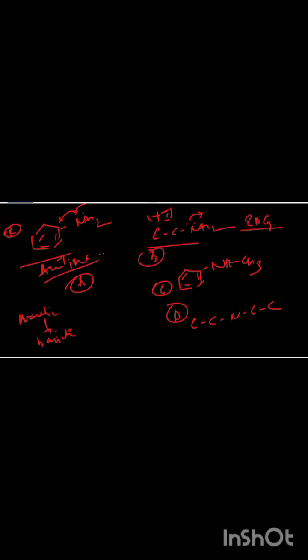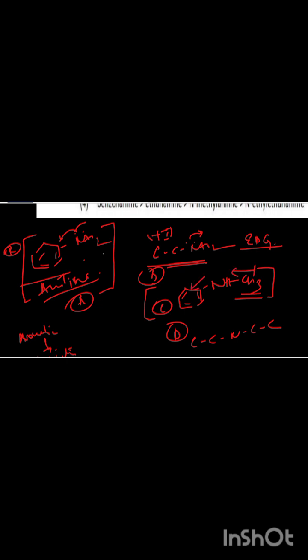Therefore the minimum basicity should be of aniline. Why? Because aniline is pure aromatic. In N-methylaniline we can see there is a methyl group also present. So although the ring withdraws, the methyl pushes.